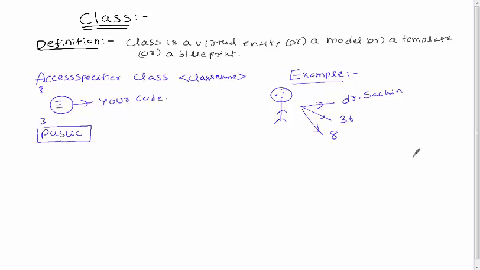Now what should I do in order to store this data? Very simple. We need to create a class. How to create a class? Very simple. You have to use public, that is the access specifier or access modifier, class, keyword, and the name of the class is Doctor.